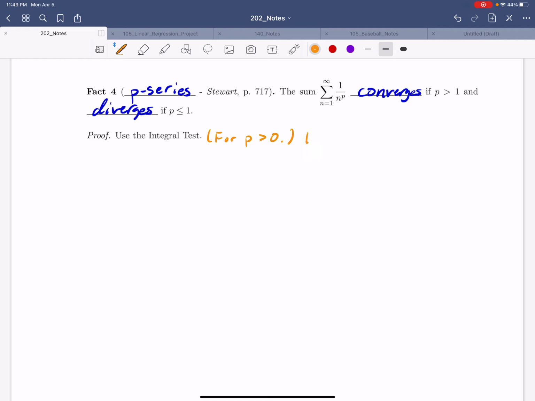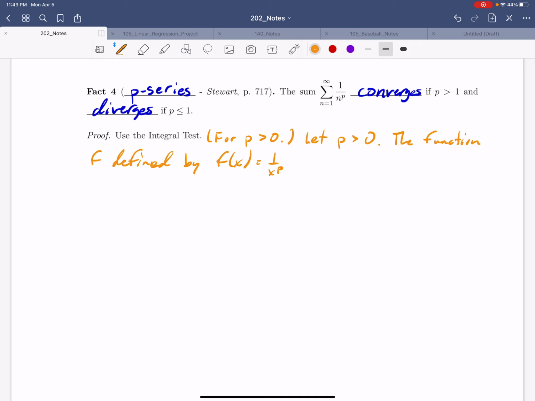So, for starters, let p be greater than 0. Then I guess we could just say the function f defined by f of x equals 1 over x to the p. Remember, we switch n's to x's, right?